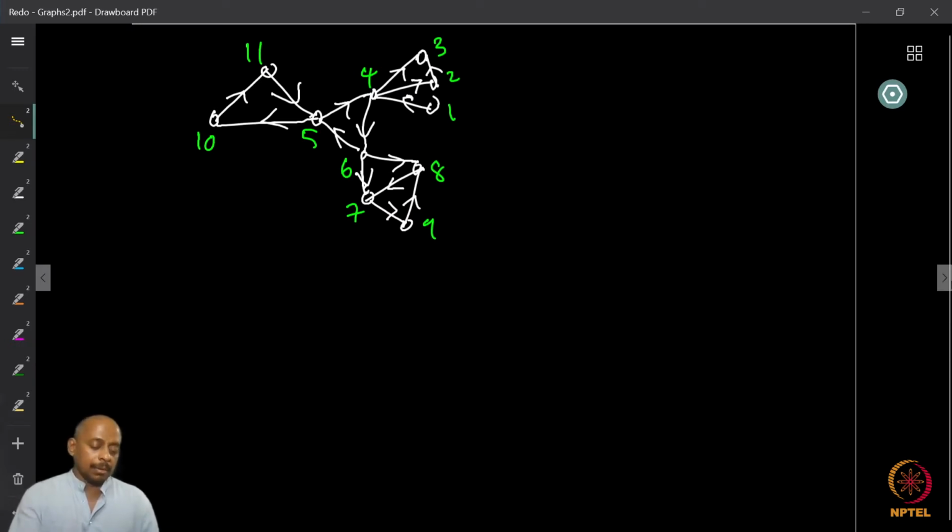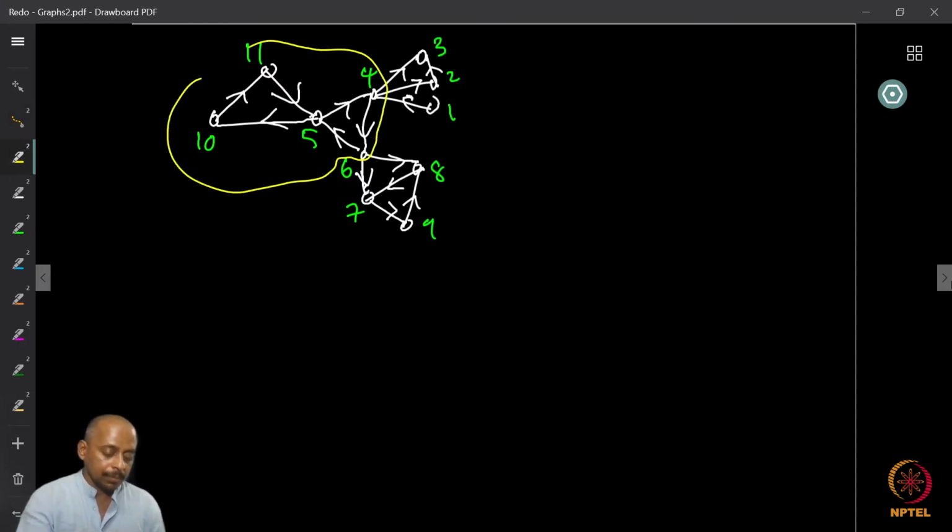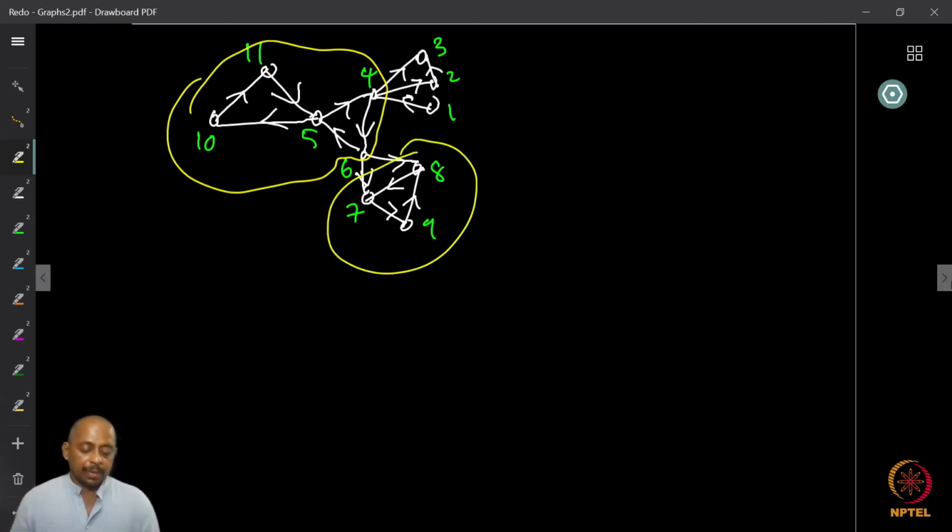Now, I cannot, for example, go from 8 to 6, so therefore this part will not be there. So this is one component. Then you have another component, 7, 8, and 9. One can see that it's a directed cycle, and there is reachability between any two. Then 1 by itself is a component, because I cannot reach anywhere from 1.